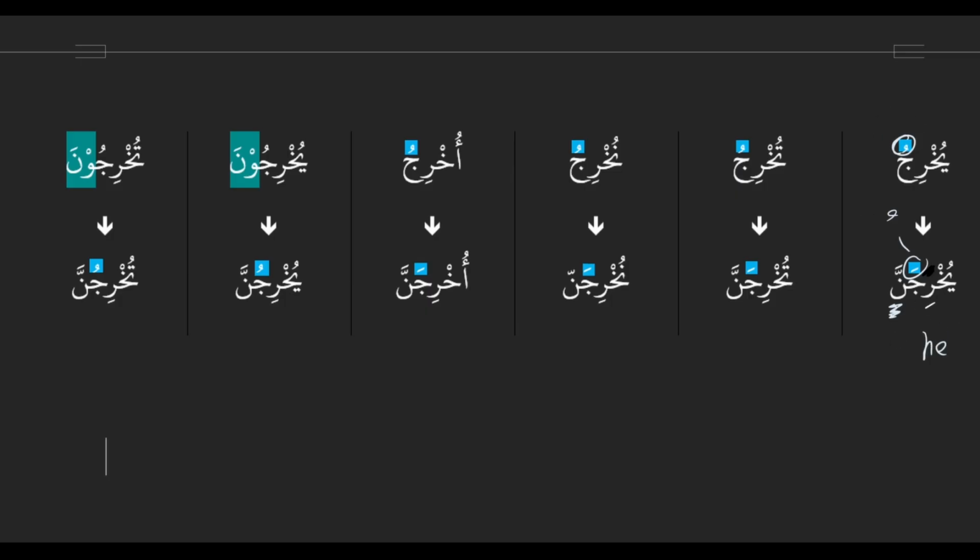Here we have tukhriju, which ends in a u, but what happens when you attach that noon of emphasis? The u gets knocked off and is replaced with a. Now we see ta plus u, which tells us: he, you, she, it, they, that combination one. Here again we see nukhriju, which ends in a u.